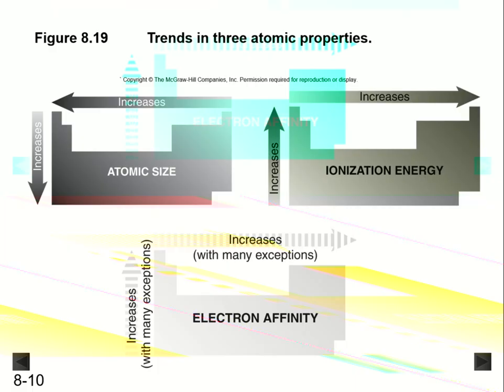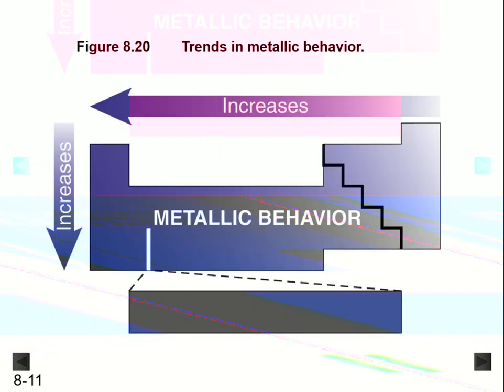And correspondingly, the ionization energy follows the opposite sense. Large atoms have low ionization energies. Small atoms have large ionization energies. And electron affinities roughly correlate with that as well. Now, there is metallic behavior. In a very rough sense, Silberberg and Mateus describe metallic behavior.